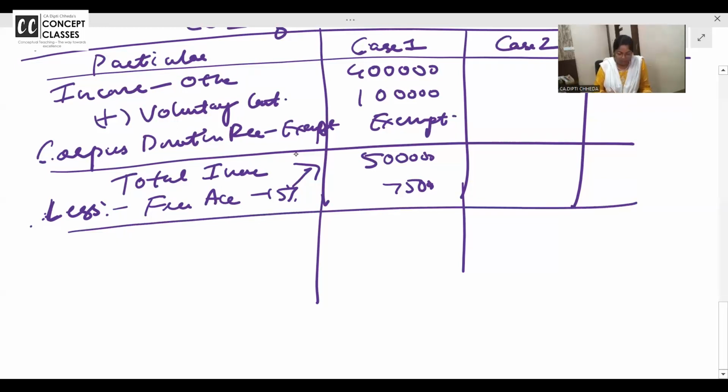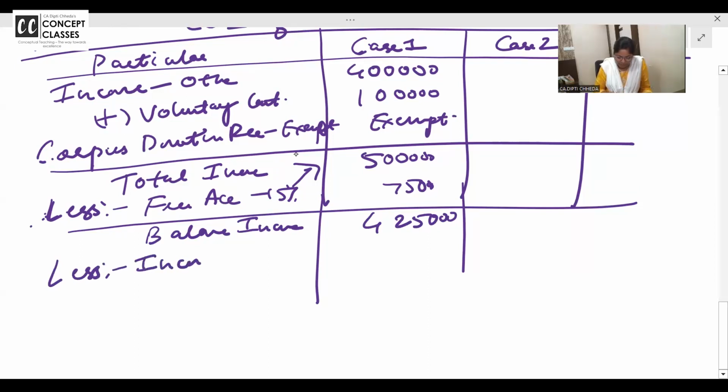So what is the balance which you need to apply? 4,25,000. How much you have applied? Less income applied, hence exempt.